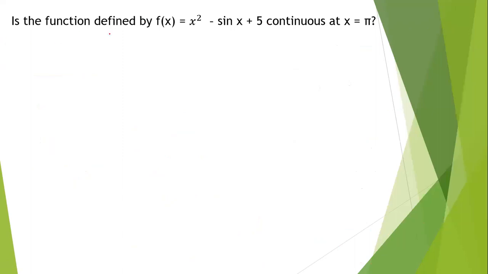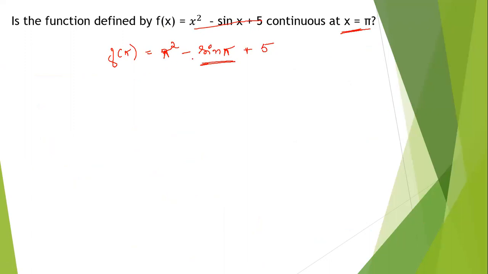So next, is the function defined, f of x is equal to x square minus sin x plus 5, continuous at x is equal to pi? This you have to check. So first, find the functional value. What will be f of pi? It will be pi square minus sine pi plus 5. What is sine pi?